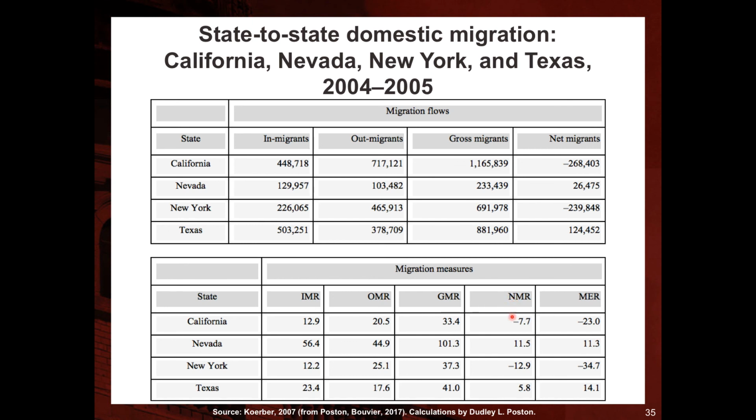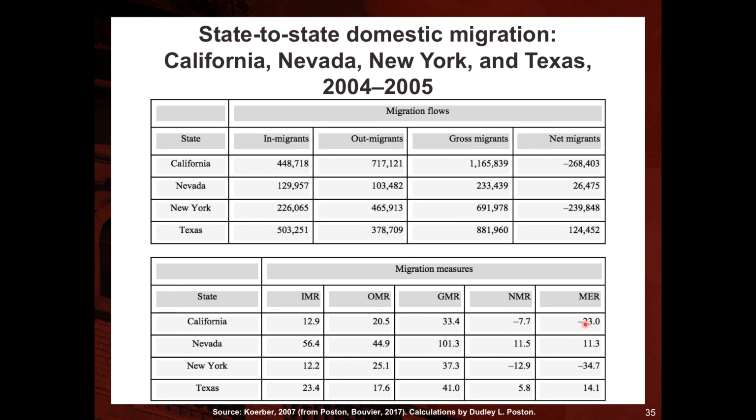The net migration rate in California is the in-migration rate minus the out-migration rate, so minus 7.7. And if we take the net migration rate divided by the gross migration rate and multiply by 100, we get the MER, the migration efficiency ratio, which is in this case minus 23%.